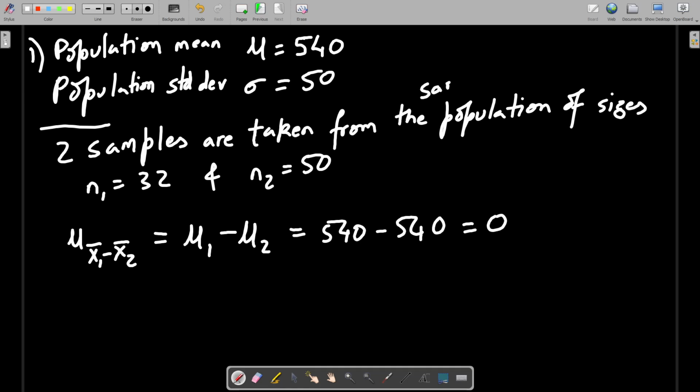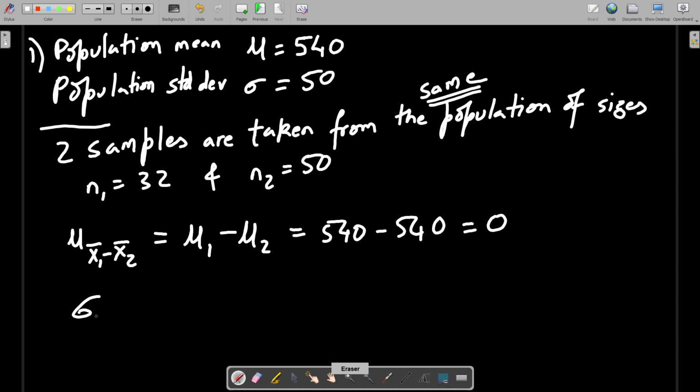Write this word same over here and highlight it. Both these samples have been taken from the same population, of sizes 32 and 50. The population is the same, that's why we are getting this here as the same.